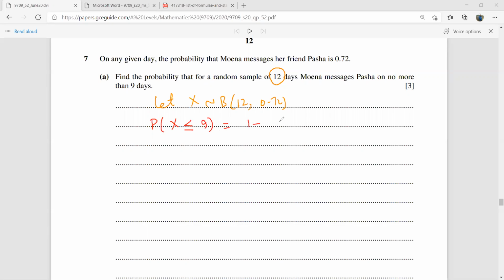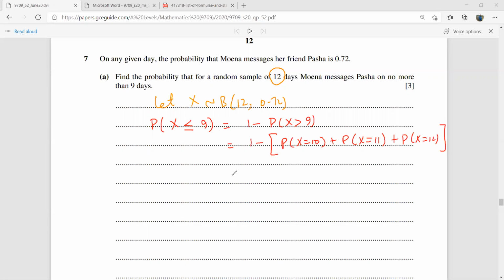It is easier to find this as 1 minus the probability X is more than 9, because there are fewer possibilities towards the right. So 1 minus the probability X equal to 10 plus X equal to 11 plus X equal to 12.